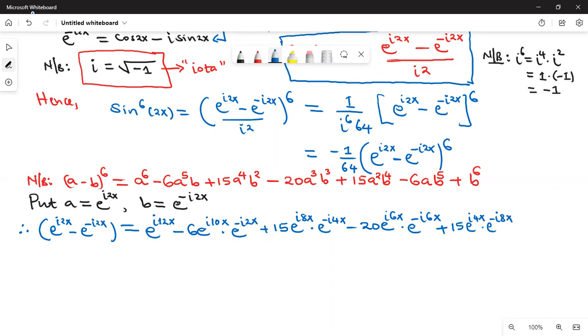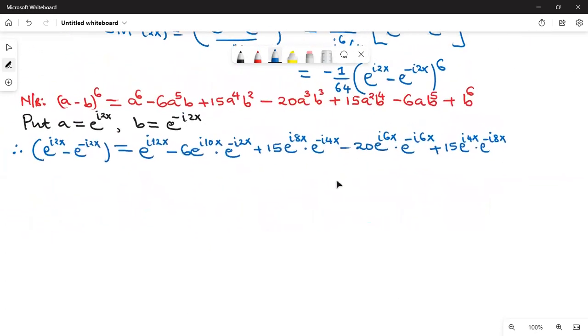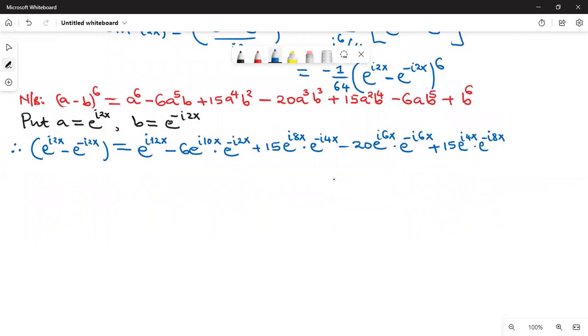Then I can see there's a negative 6ab raised to 5, so I'll write that. Minus 6, a is exponential ix, now b raised to 5 will give us exponential negative i10x.